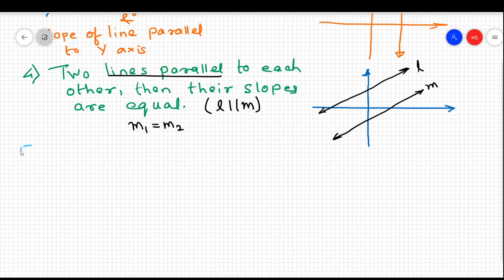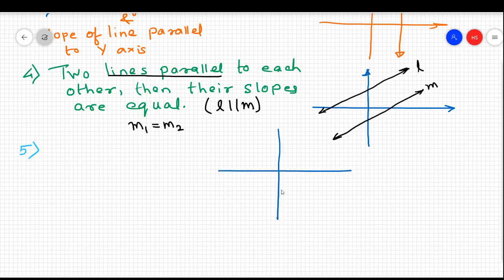Fifth point. What if I draw a line like this?